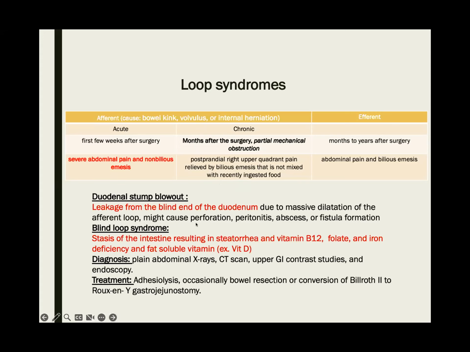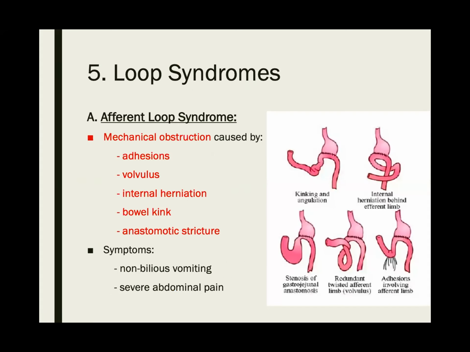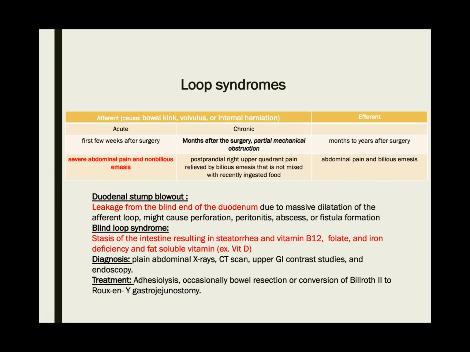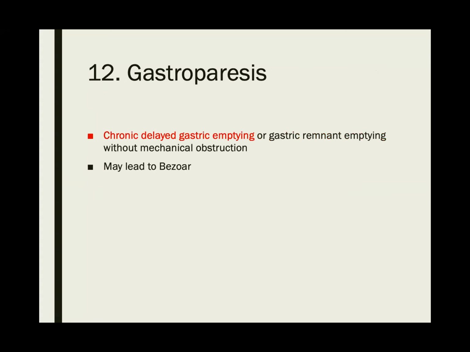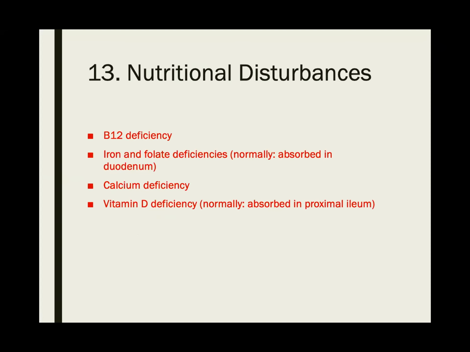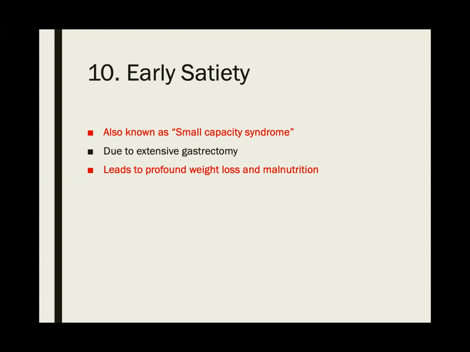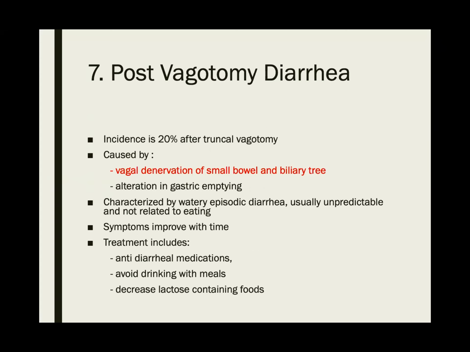Because right after surgery, patients are going to be NPO first of all, and it takes time to go back to normal eating. So you would not see the biliary emesis in the acute afferent loop syndrome, because we don't have the stimulus for that.